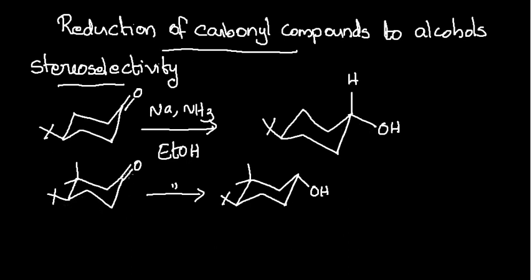Here, in the case of substituted cyclohexanone, also the OH will be in the equatorial position. That is, only the thermodynamically more stable product will be formed. That is the stereoselectivity of reduction in the case of carbonyl compounds.